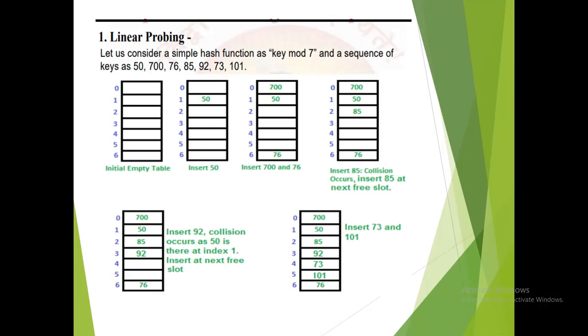Insert the first, 50, and then insert 700 and 76 in the positions 0 and 6. Then insert 85; a collision occurs, so insert at the next free slot. Next, insert 92; a collision occurs as 50 is there at index 1, so insert at the next free slot. Then insert 73 and 101.